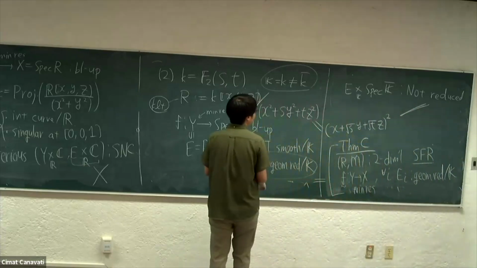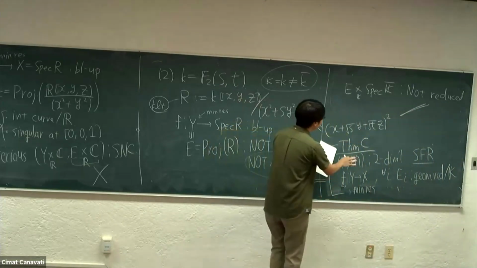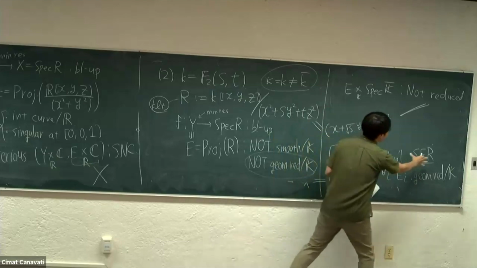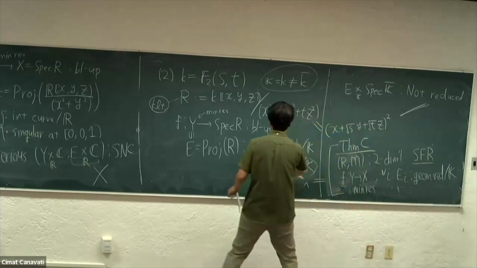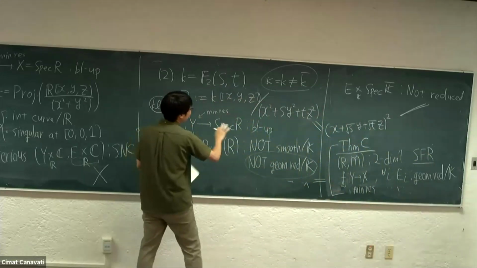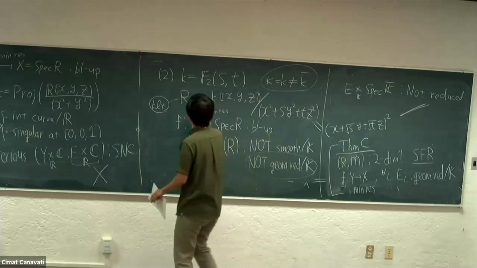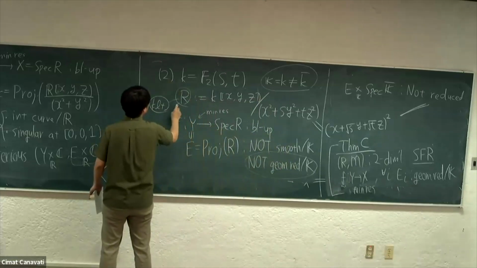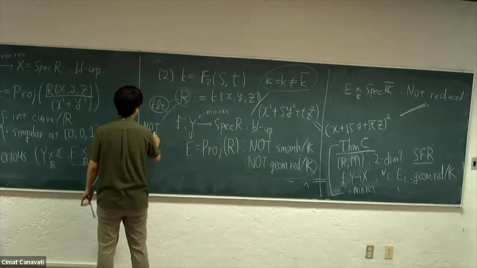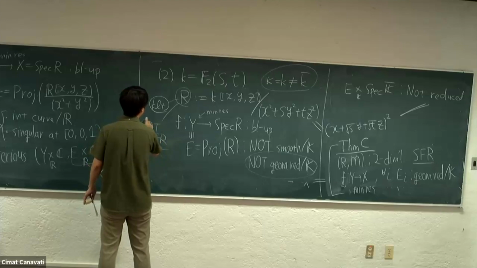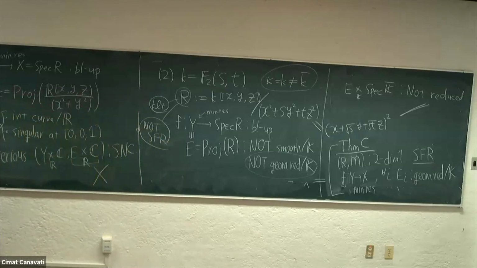So this says that if we assume strongly F-regular, then such a bad thing does not occur. And actually, in this example, this R is not F-regular. So this is our situation.